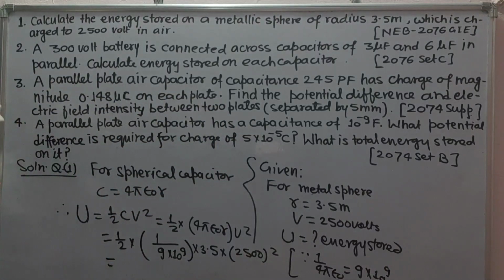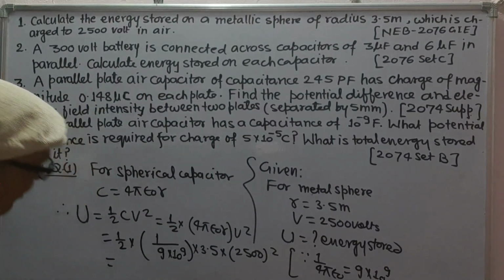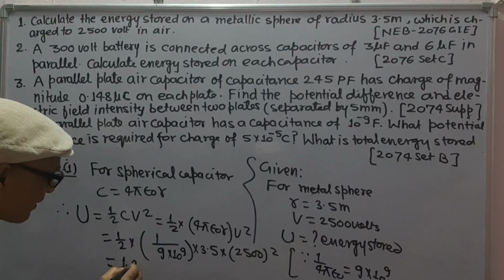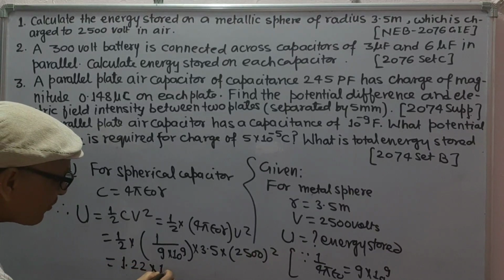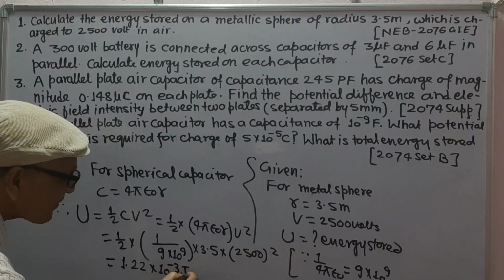On simplification, it gives 1.22 into 10 to minus 3 joules.